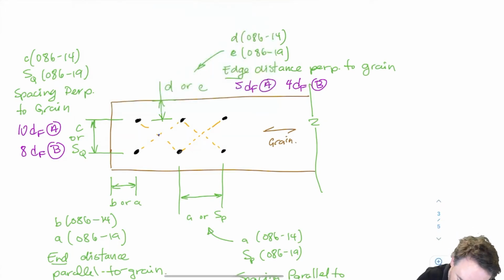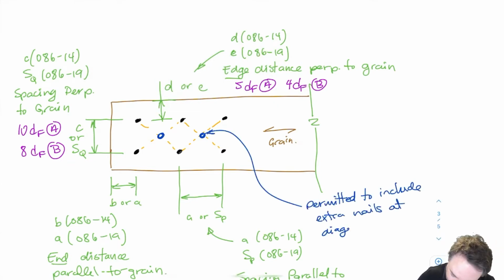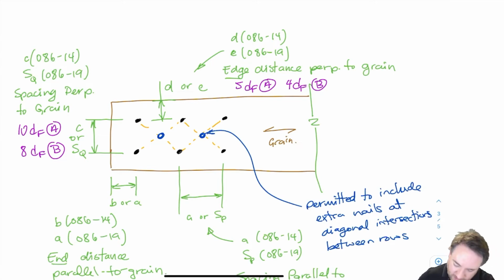So I can put an extra nail here and I can put an extra nail here. So I'm permitted to include extra nails at diagonal intersections between rows. So that includes if the rows are kind of offset, then I'm allowed to do that too.